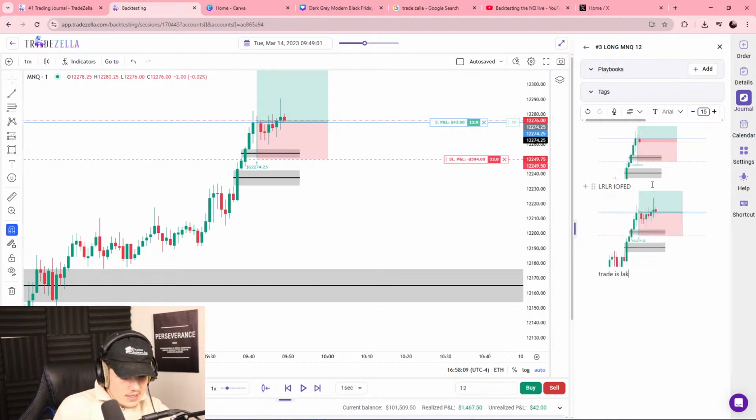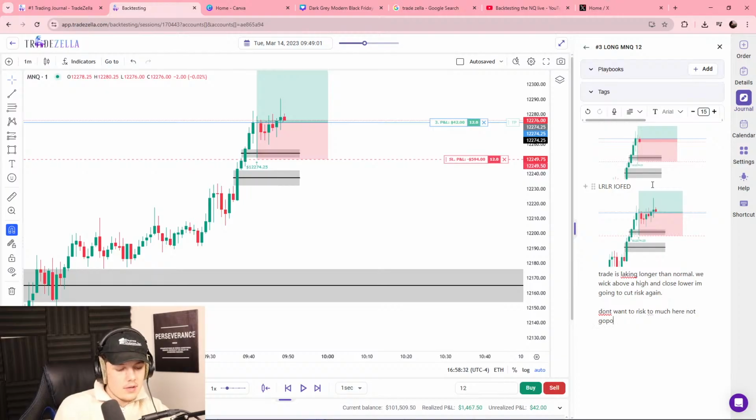Trade is taking longer than normal. We wick above a high and close lower. I'm going to cut risk again. Don't want to risk too much here.